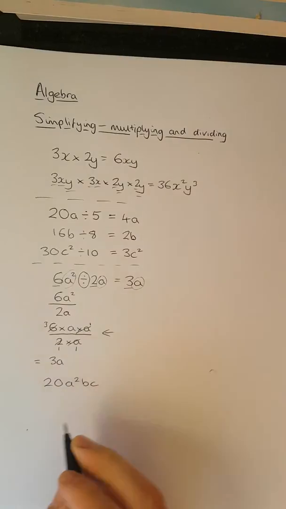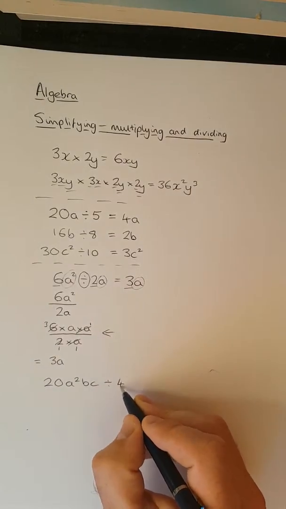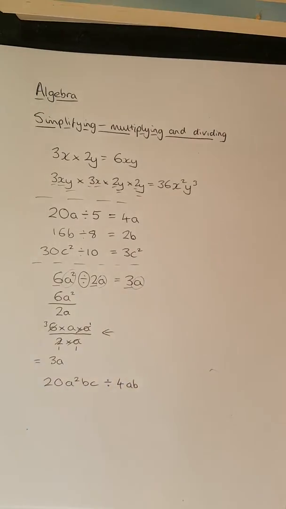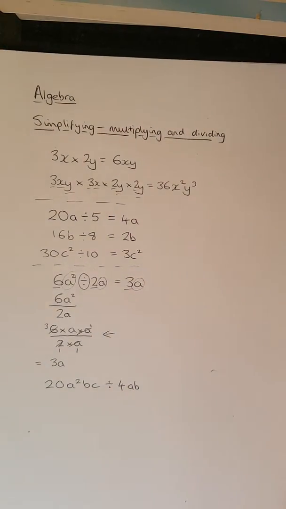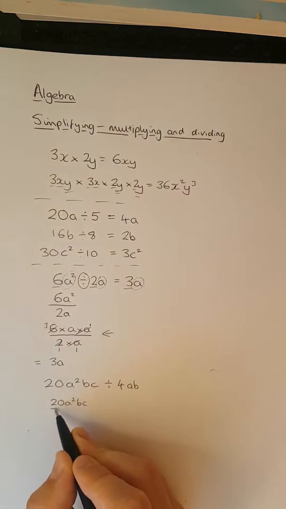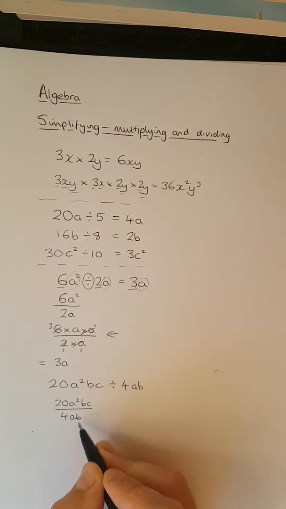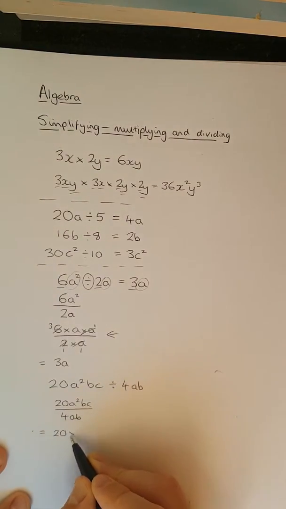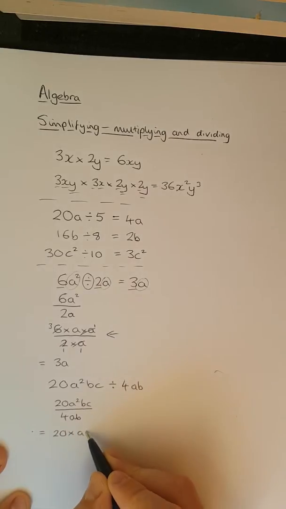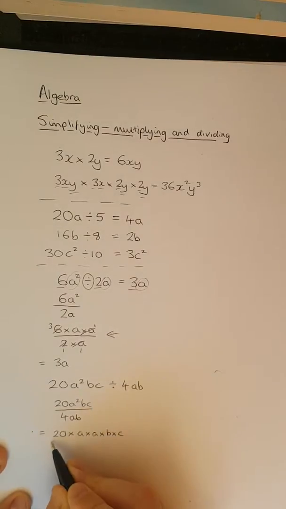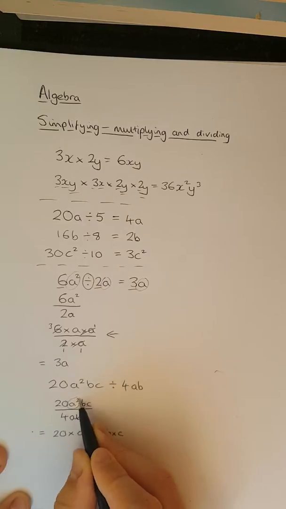Let's look at another one. So, first off, I'm going to write it as a fraction. Then I'm going to write it longhand. Only the a is squared here.